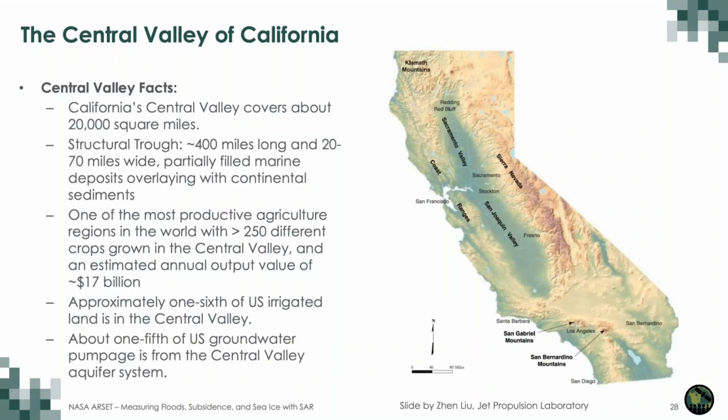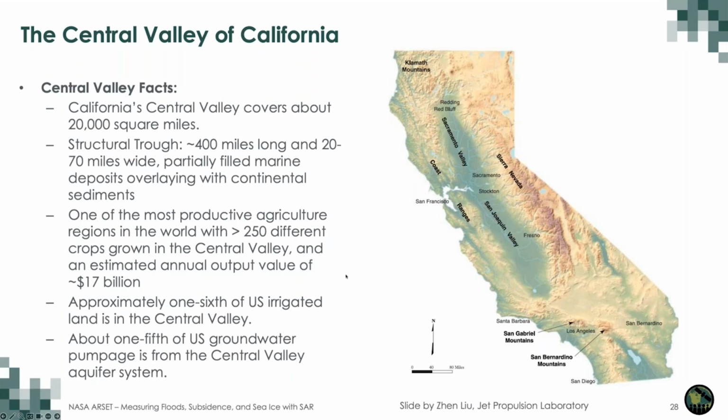Most of what we're going to be talking about today is the Central Valley of California. The Central Valley is this very large valley that runs a large part of the state. The northern part's called the Sacramento Valley. The southern part's called the San Joaquin Valley. Most of the subsidence is happening in the San Joaquin Valley.